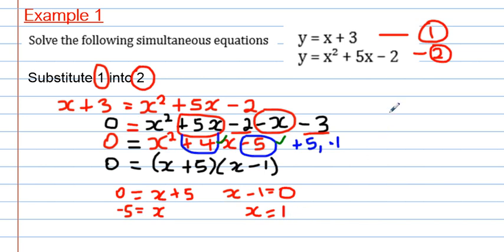Now that we have the values of x, the two values of x are minus 5 and 1, we're now going to substitute the values of x into the equation. We can use equation 1 so that we can get the values of y. So let's begin. If I just draw a line here, I can carry on this side. So when x equals 1, we're going to substitute into equation 1.